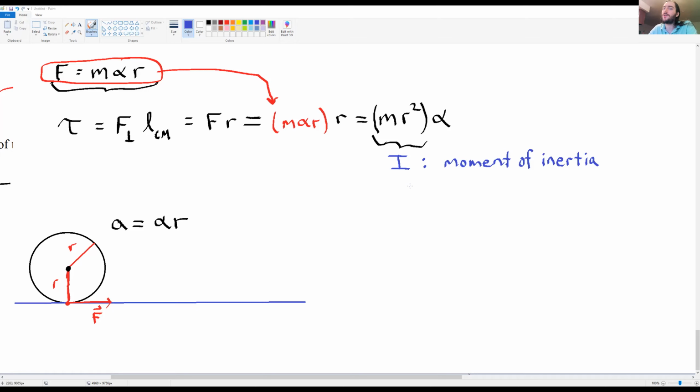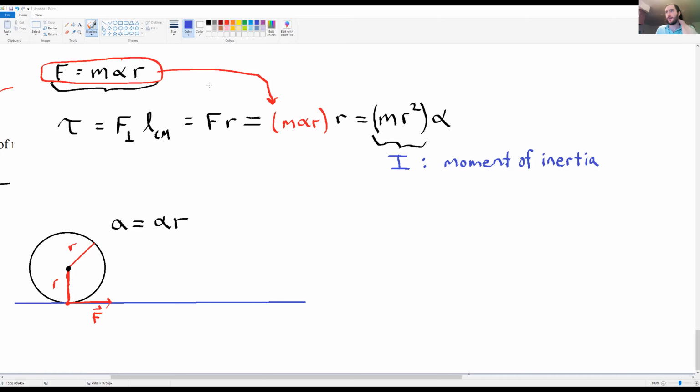But what moment of inertia essentially is, if you recall, F equals ma, what is mass? Mass is like an object's resistance to change in motion. The more mass an object has, the harder it is to change its motion.